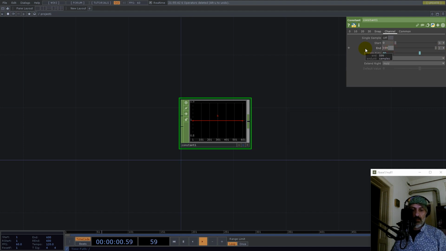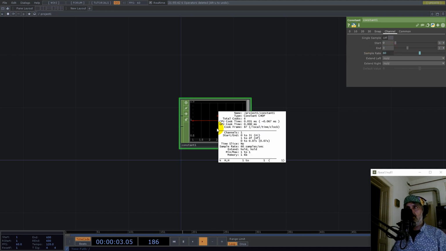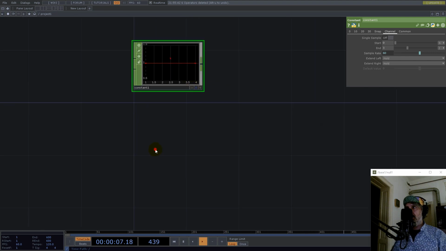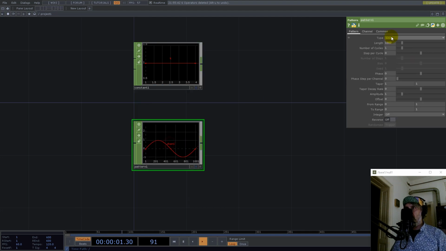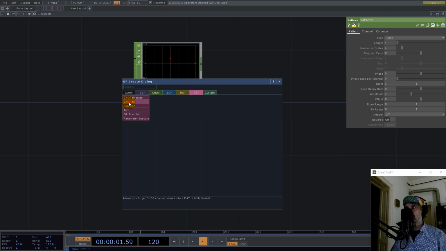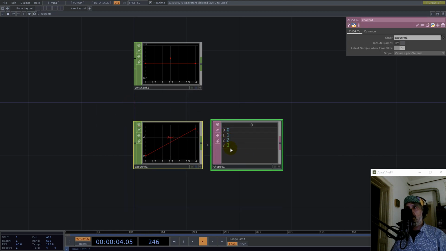Okay, so if we have 3 here, we have 4 points, 4 samples, and we need another pattern also with 4 samples and the amplitude 3 and not sine. Instead we go for ramp, and right now we have here 0, 1, 2, 3.